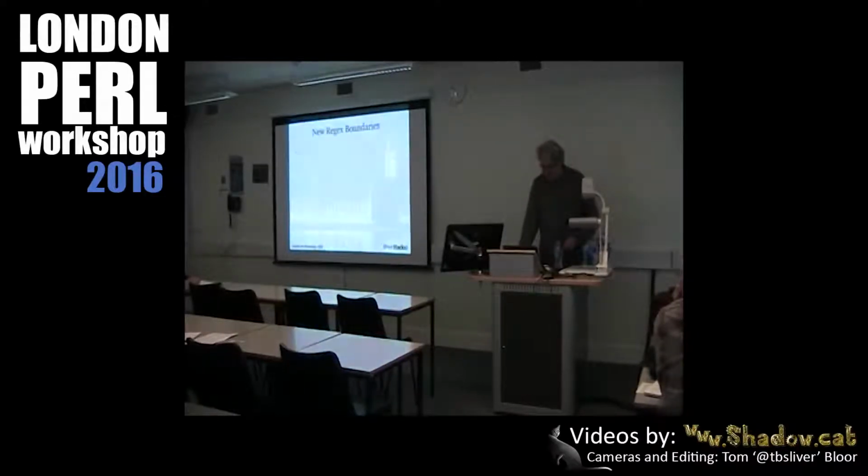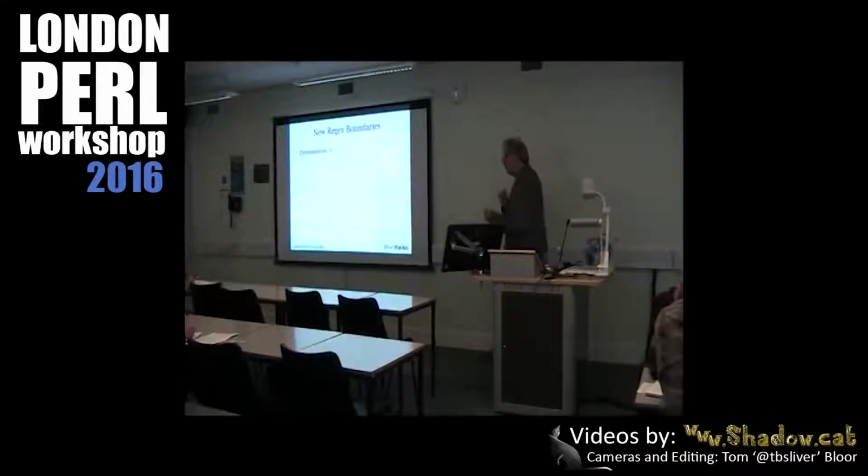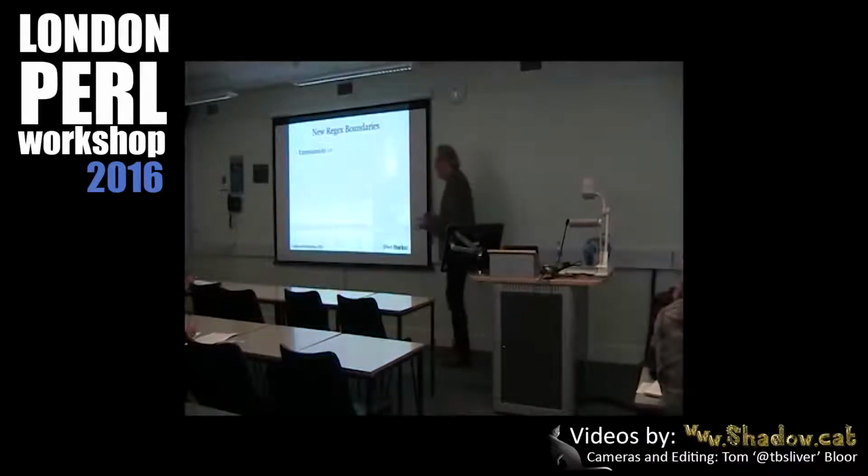New regex boundaries, so some extensions to \b. You've seen \b, which means, well, what does \b mean? Everyone says it means word boundary, and that's correct, but what does that actually mean? Oh, depends on Unicode, I guess, again. For the next 2 minutes, let's ignore Unicode.